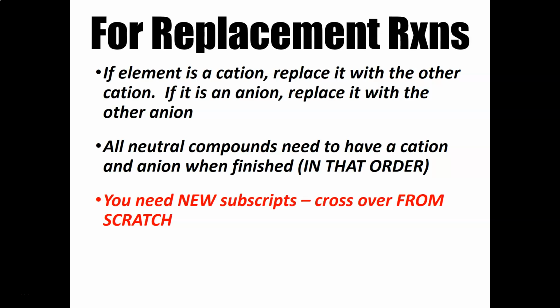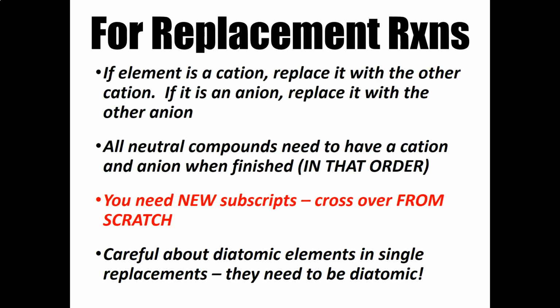You want to make sure that you're always writing a neutral, valid formula. And then the last part, a reminder to be careful of diatomic elements. They're diatomic. You need to make sure that when they're by themselves, they're diatomic. If they're in a compound, then you figure out how many you need and they don't have to be diatomic. But when they're by themselves, you need to make them diatomic.